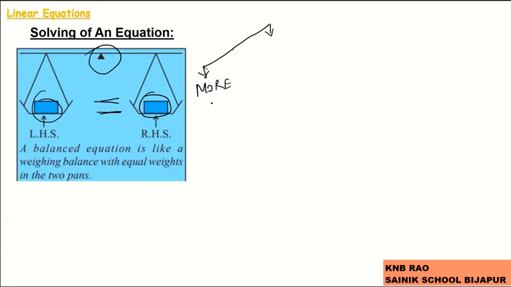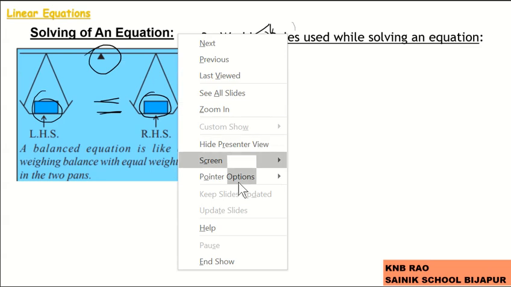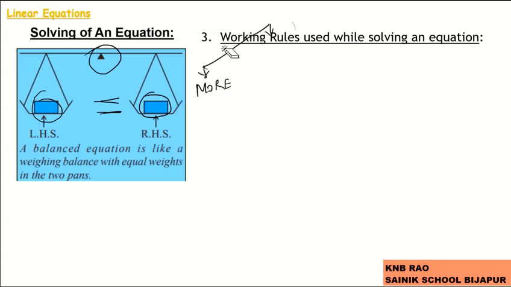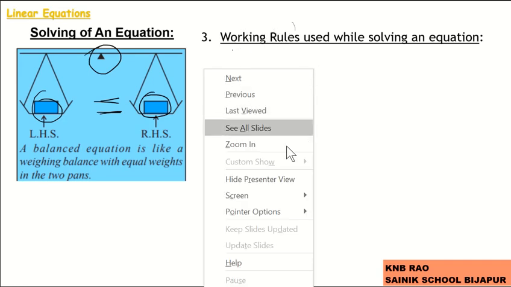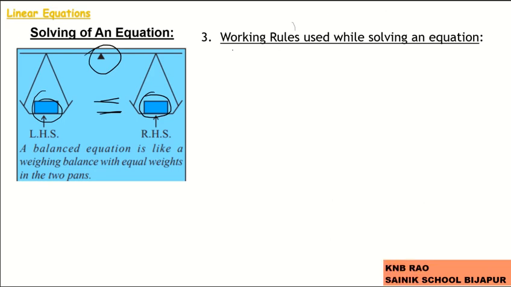Students, we have some working rules. Which are the working rules and what are they? While solving linear equations, let us learn. Students, very important, we have rule number 1.